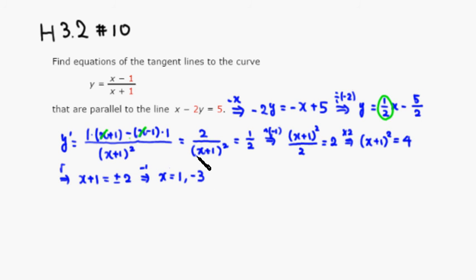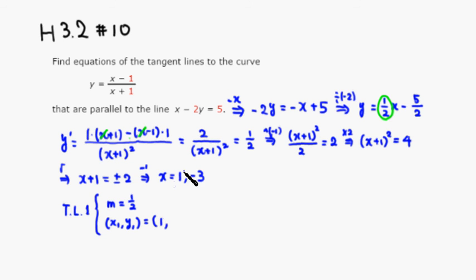So at those points, the slope becomes exactly equal to 1/2. So we are looking at two equations. For tangent line number 1, we need a slope m, which is going to be 1/2, and a point, which I'm going to call x1, y1. The x is going to be 1.